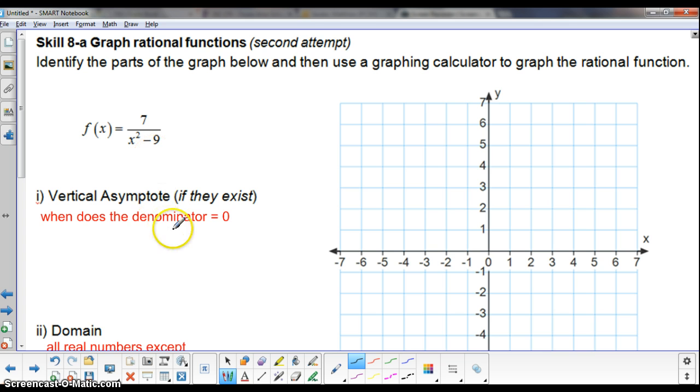Because as you put in a number, let's say, well, we can't put in 3, let's put in 2.9999999. Well, 2.99 squared is going to get really close to 9. So as x goes to 3, this denominator is going to become very small, and 7 isn't going to change.